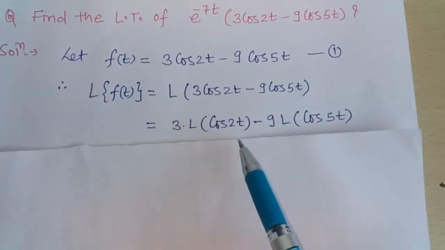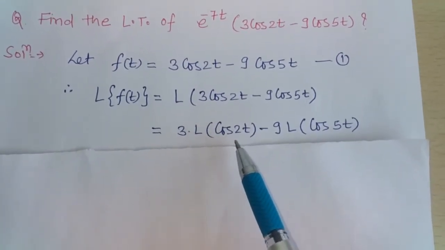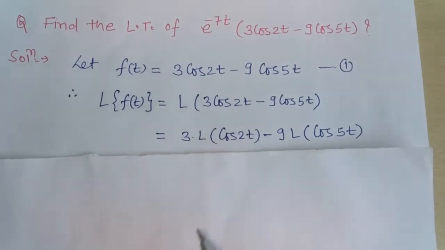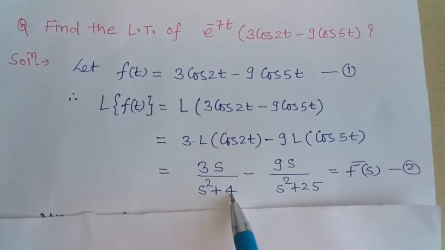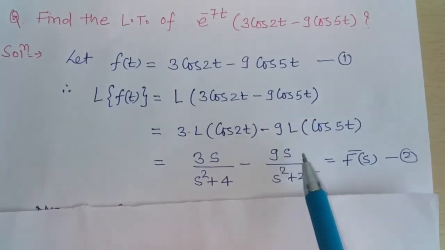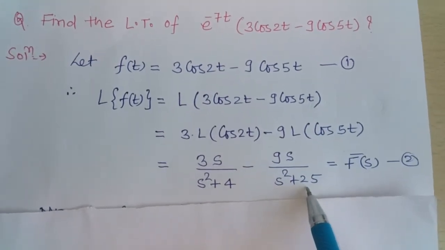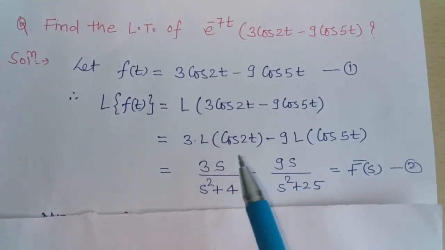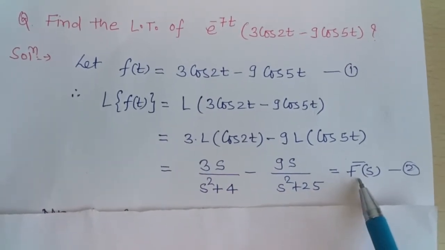Now the Laplace transform of cos 2t is s upon s square plus 4. So here we have 3s upon s square plus 4 minus 9 into the Laplace transform of cos 5t, which is s upon s square plus 25.